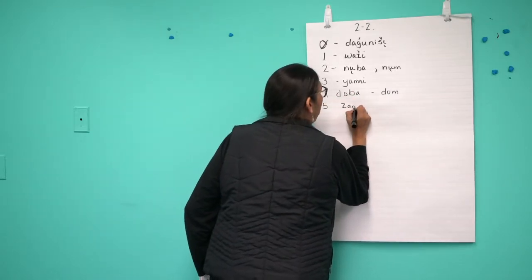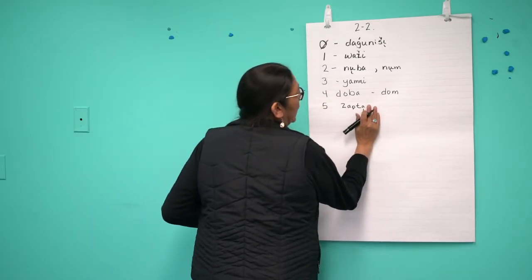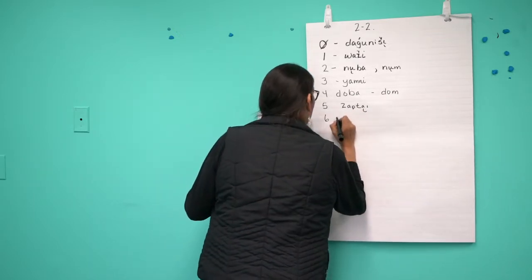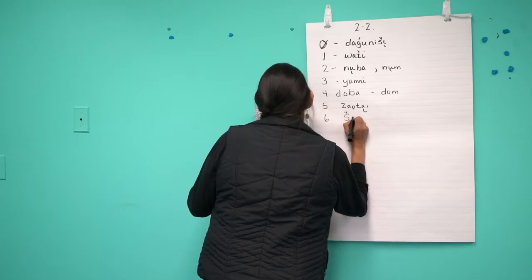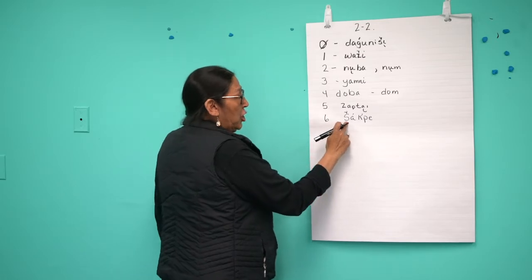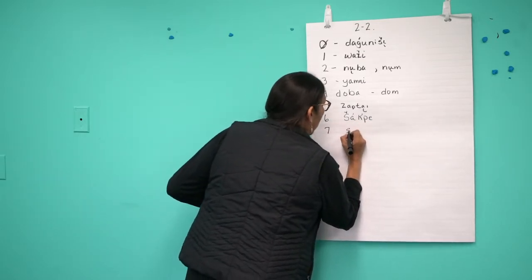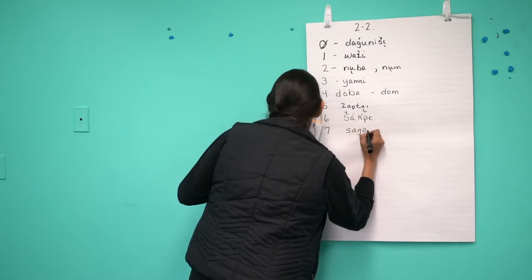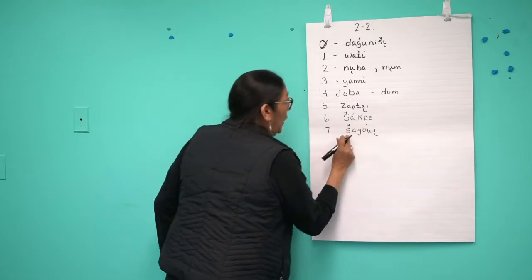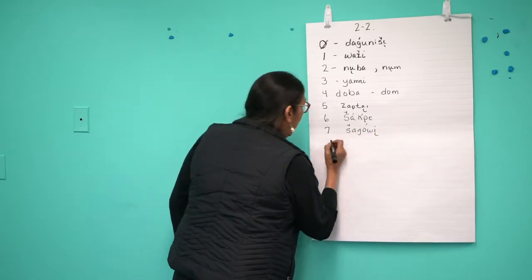Zapta, it's nasalized, zapta. Shakpe, your S making the sh sound, shakpe. Shagowi, shagowi, shagowi.